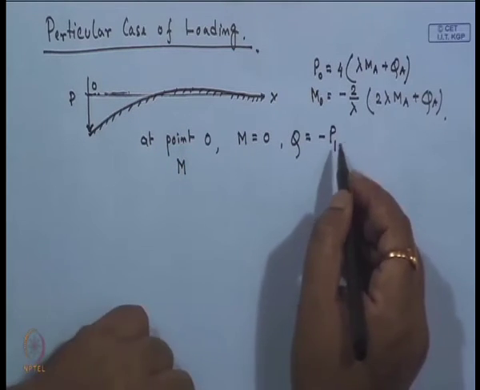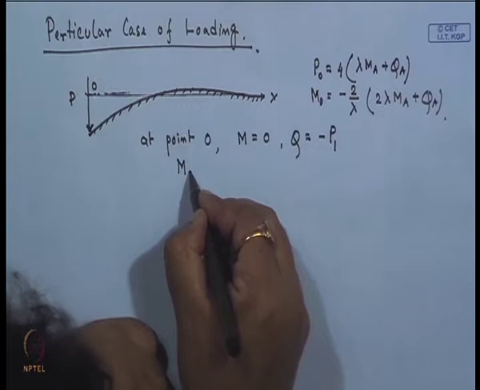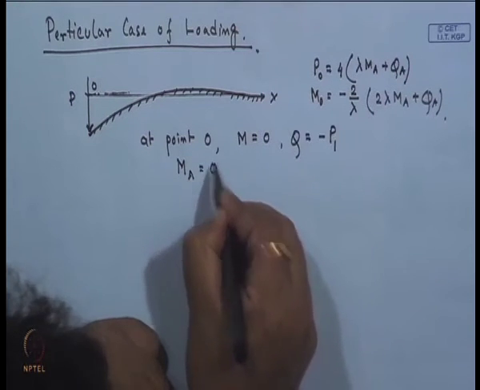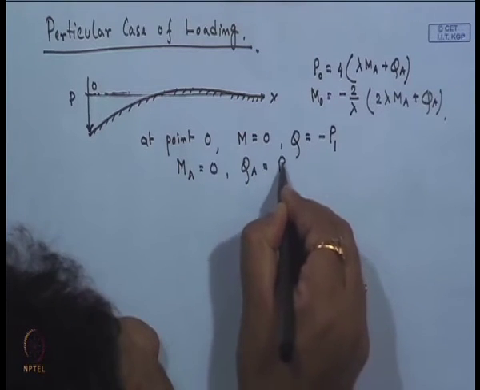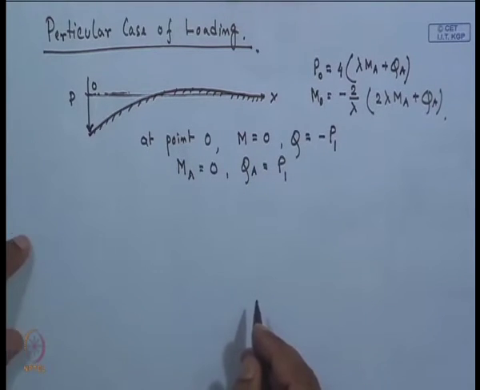So, M A will be 0 at this point and Q A will be P 1 at this point.